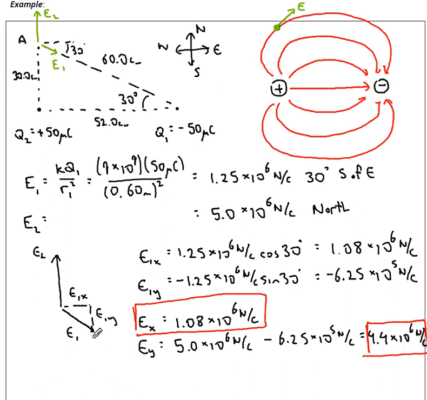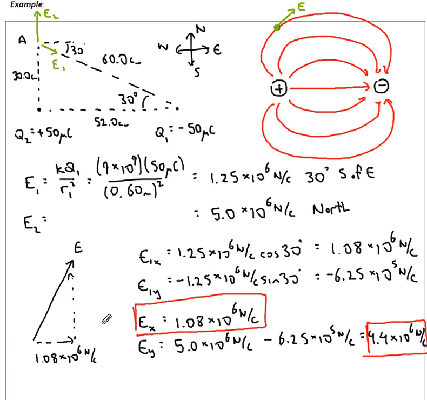So what we can see from that, let's erase this picture on the left. Overall, we know our vector E looks something like the following. The x component of E we found to be 1.08 times 10 to the 6 newtons per coulomb. And the y component we found to be 4.4 times 10 to the 6 newtons per coulomb. Now we need to find that angle as well. So we go a squared plus b squared equals c squared.